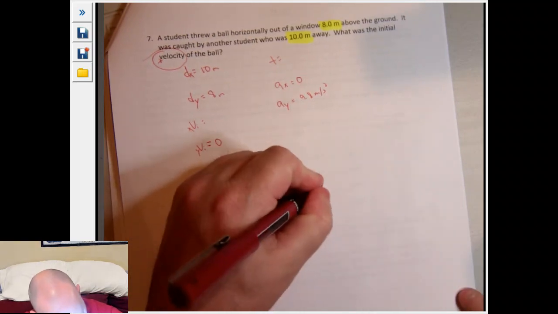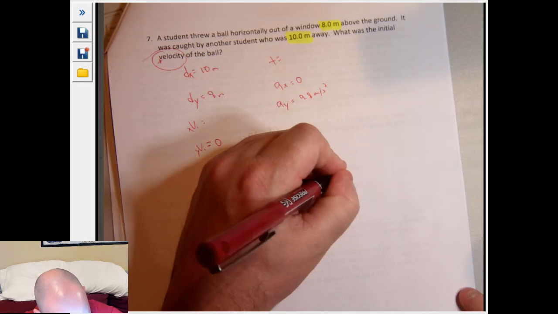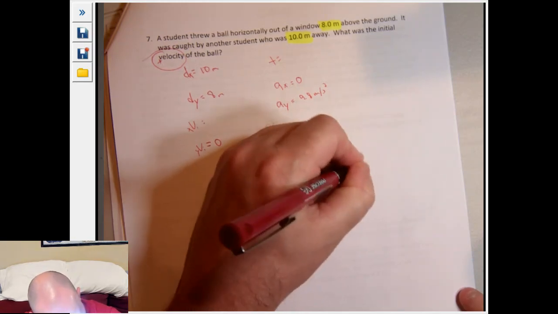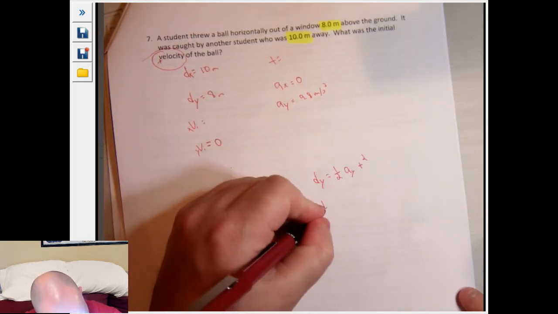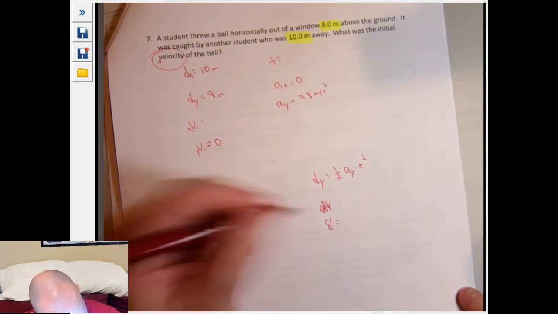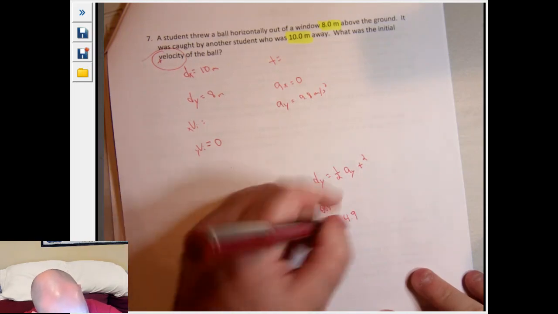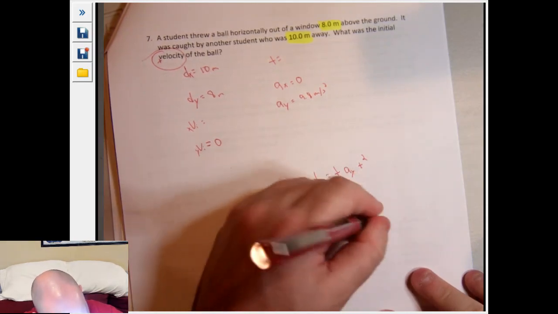So displacement of Y equals 1/2 times acceleration of Y times time squared. Displacement of Y, oh, no, we had that. Okay. 8 equals 4.9. We're skipping some steps this time, times time squared.